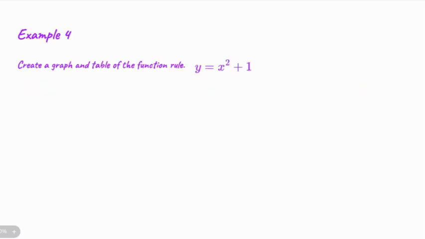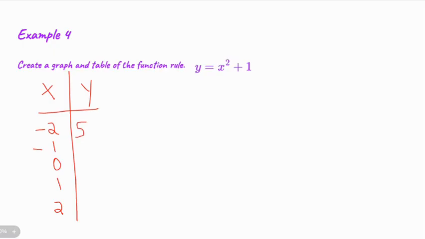Okay, last one. Let's go ahead and I'm going to choose the same values as I did on the absolute value graph. So I'm going to choose -2, -1, 0, 1, and 2. So we get -2 squared is 4 plus 1 is 5. -1 squared is 1 plus 1 is 2. And then 0 plus 1 is just 1.